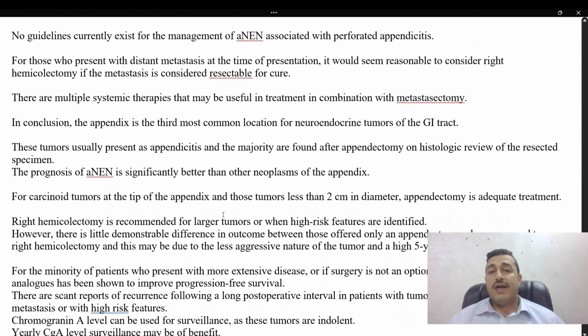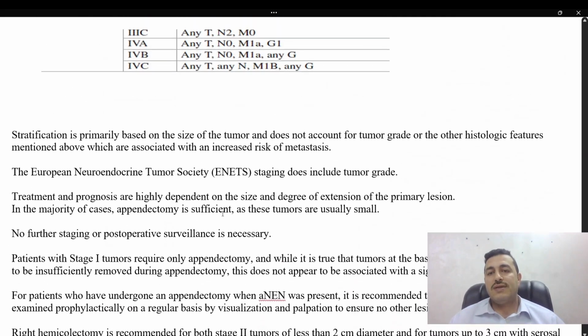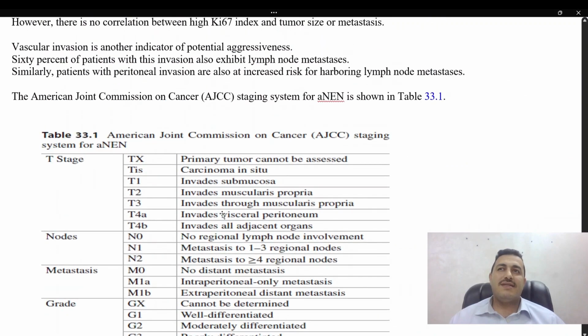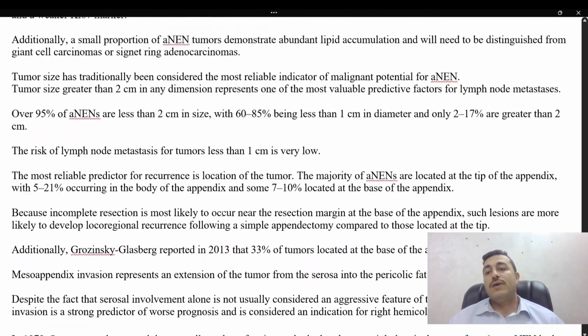For example, chromogranin A helps us in detecting the tumor if it is more than 2 centimeter. Below, no. Some literature or some textbooks say that if it's not detected on CT, chromogranin A can help us. What else?